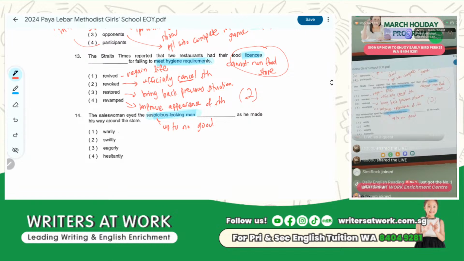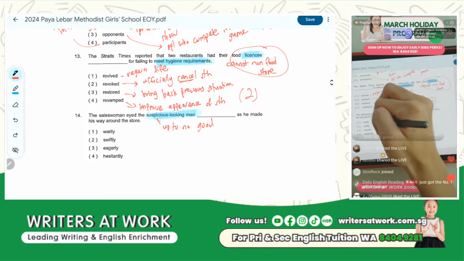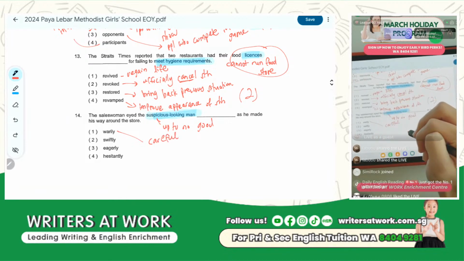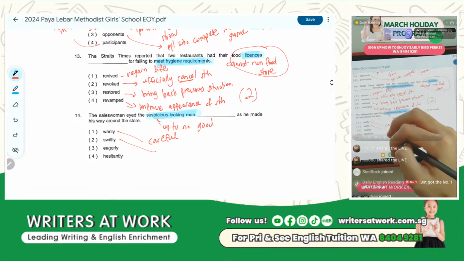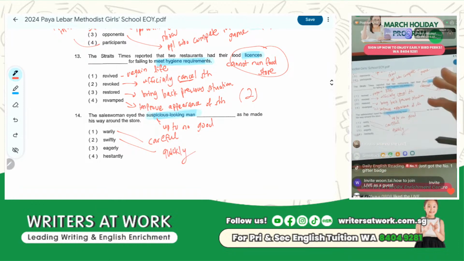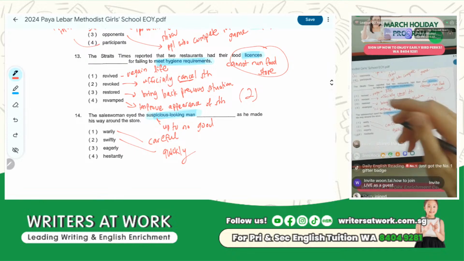Now let's take a look at my options. The first one is warily, which means that you are very careful in doing something. You want to prevent a certain outcome from happening. Next is swiftly, which means something is done very quickly without delay. Maybe you can say that the crow swiftly flew down to eat the worm before the worm could escape into the ground.